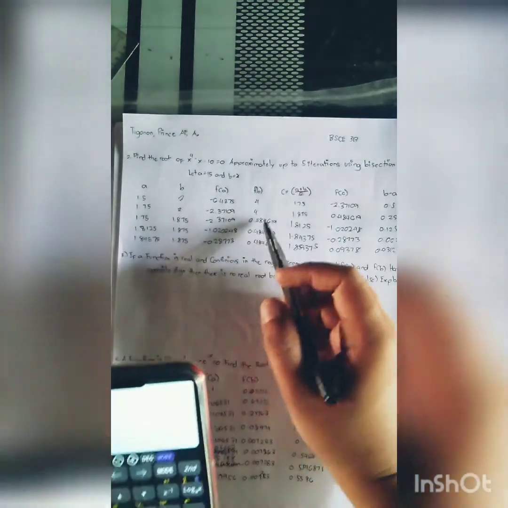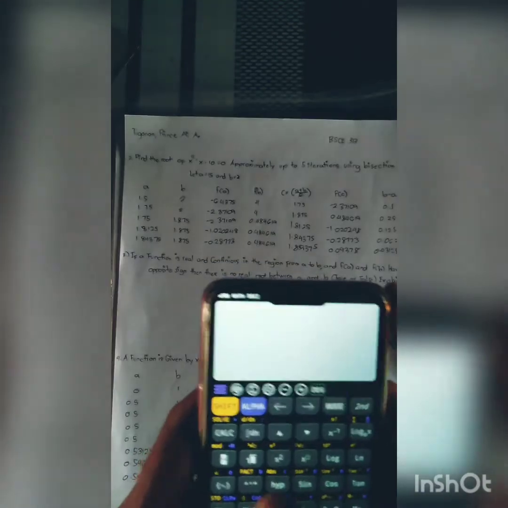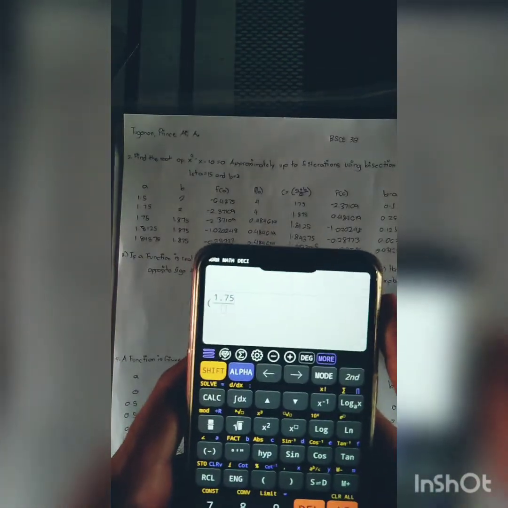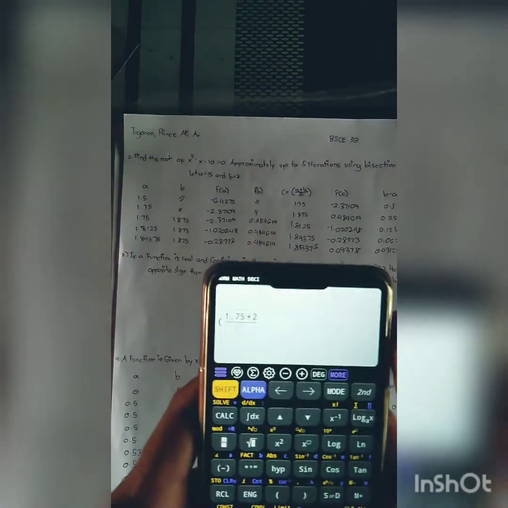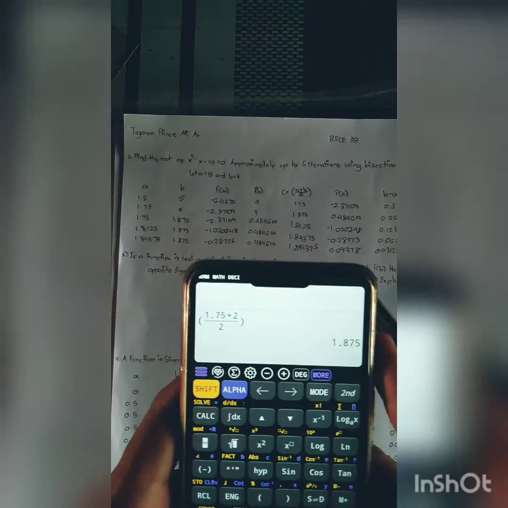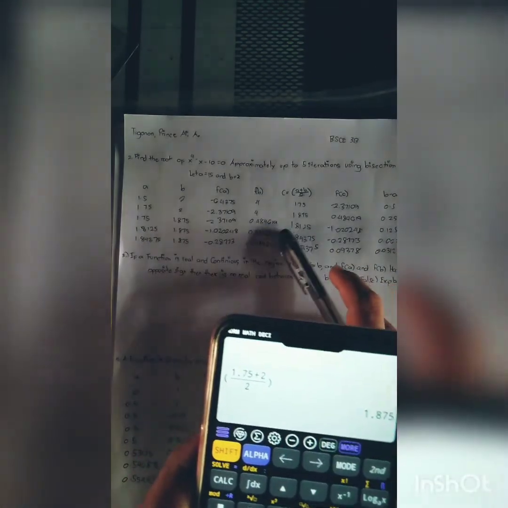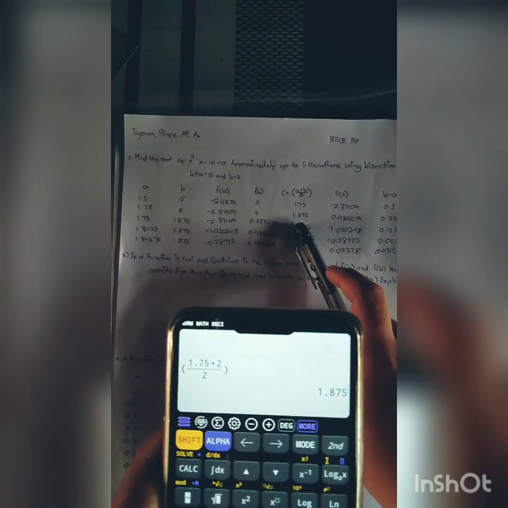Now we're gonna find the value of c. a, which is 1.75, plus b, which is 2, over 2. The value of c is 1.875.